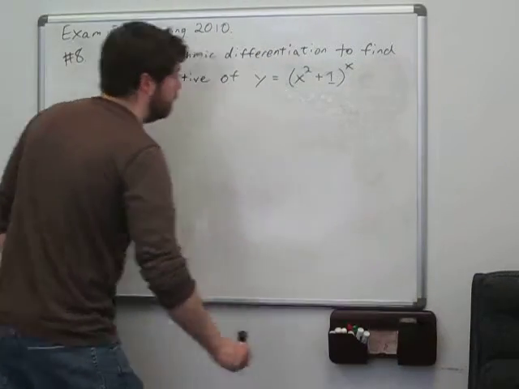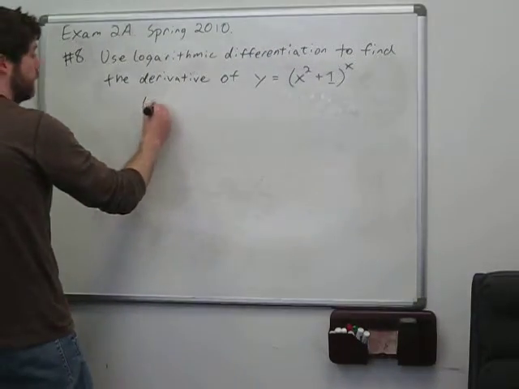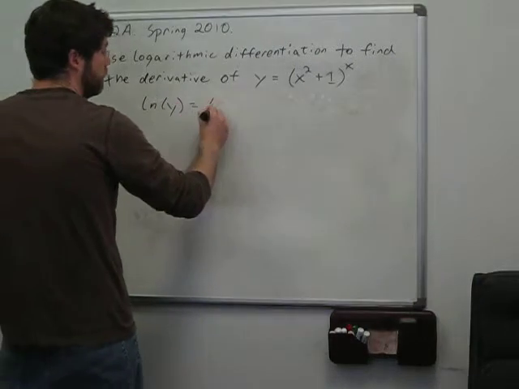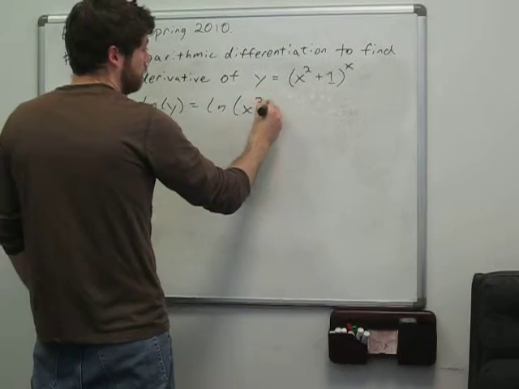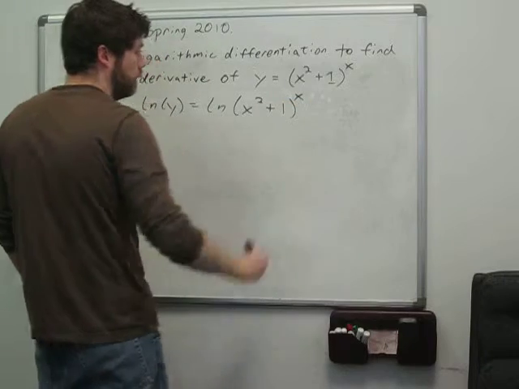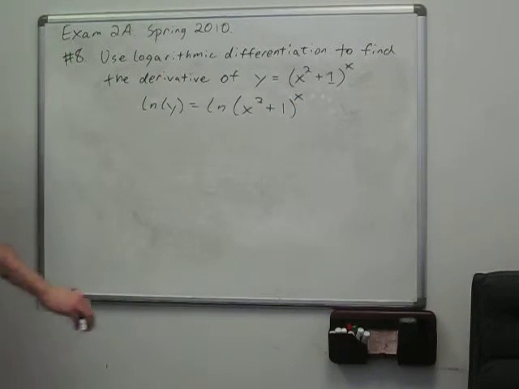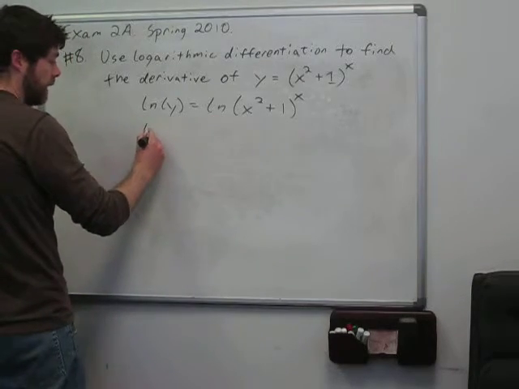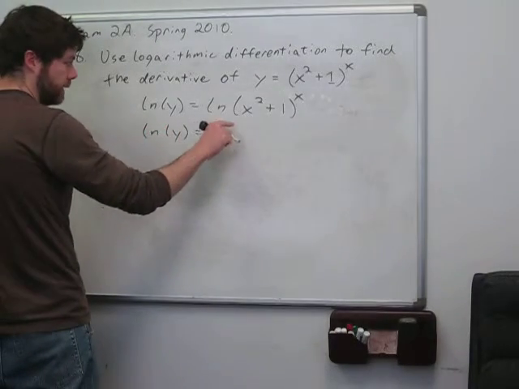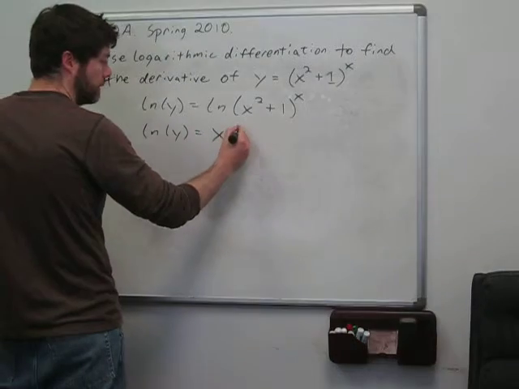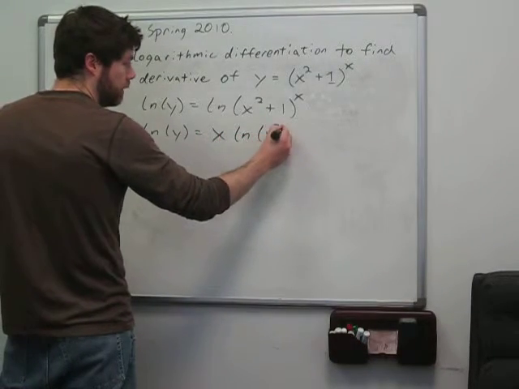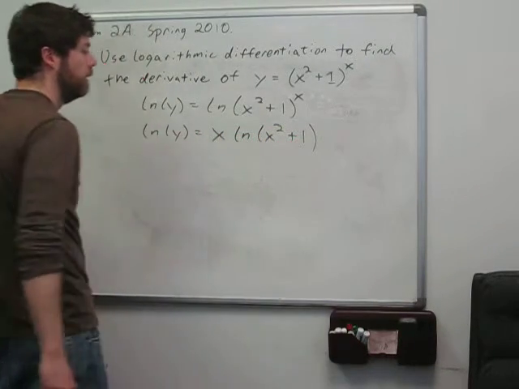So the first step is to just take the natural log of both sides. Once we've done that, we go ahead and use the property that was just discussed to transform the right side into x times the natural log of x squared plus 1.